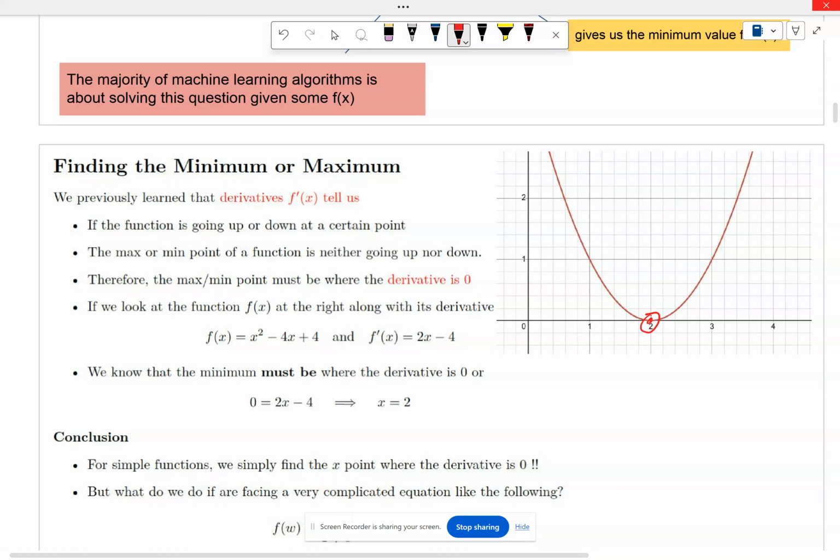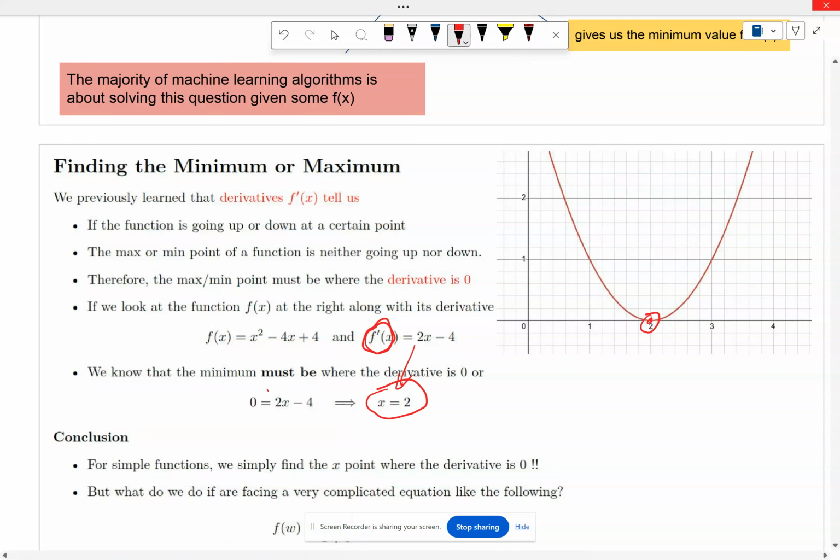For this simple equation, which looks like this, if we take the derivative, it will be 2x minus 4. And what we're saying is that the derivative at the extremum must equal zero. So if we put a zero here, we end up with this equation. This means we know exactly what x star is, the optimal location, because only 2 will solve this problem.